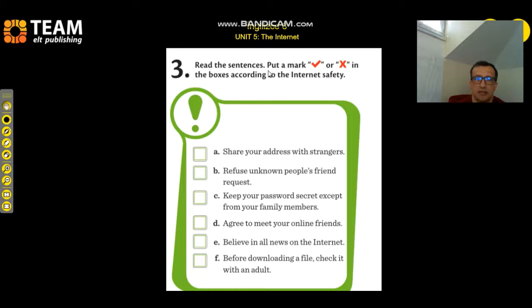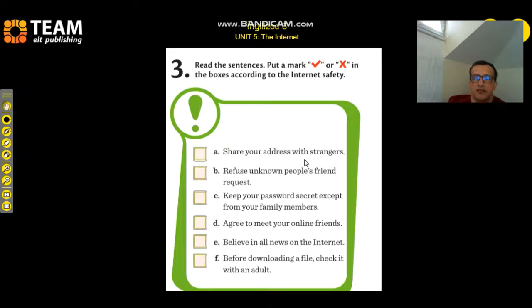Read the sentences, put a tick for the correct ones and a cross for the incorrect ones. And these are about the internet safety. Internet safety means internet güvenliği. Internet güvenliğinde dikkat etmemiz gereken veya yanlış veya doğru olan şeyleri işaretleyeceğiz. If they are incorrect, if they are nonsense, if they are wrong, we are going to put a cross.